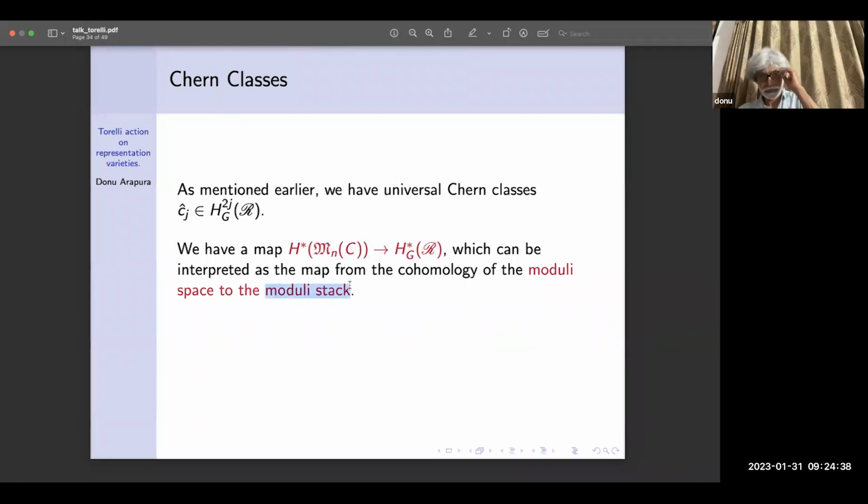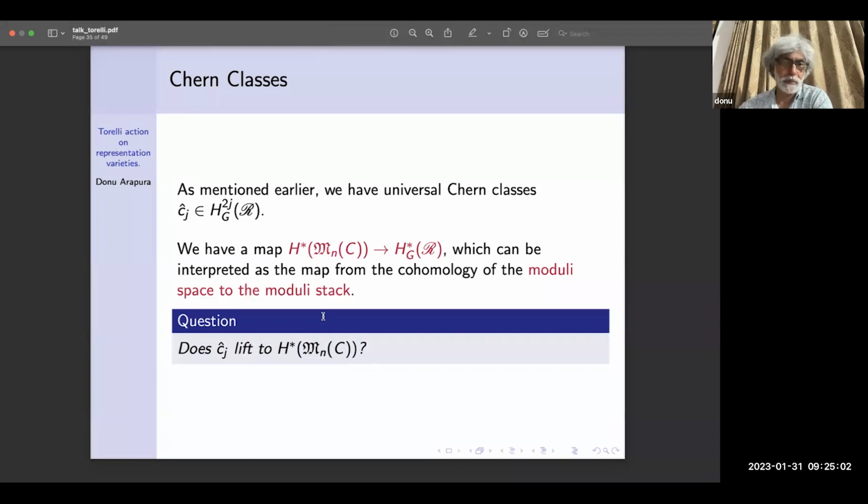So this homotopy quotient construction is really picking up the cohomology of the moduli stack, which has a simpler structure. So the thing on the left is actually the more mysterious cohomology.